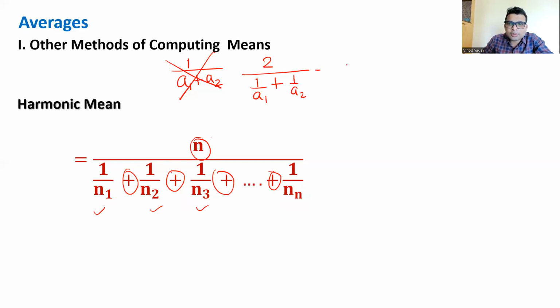On simplification it will look like this. If there are three terms, let's say A, B, C, then 3 upon 1 upon A plus 1 upon B plus 1 upon C. Then you can simplify further by taking LCM and all. But know the basic structure.